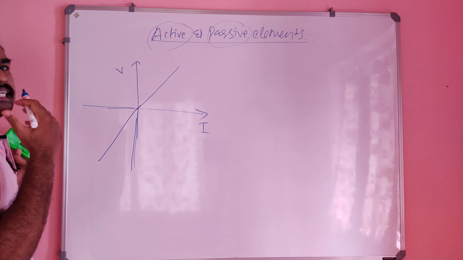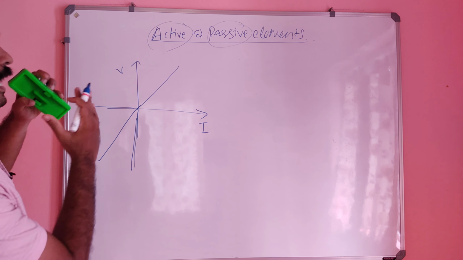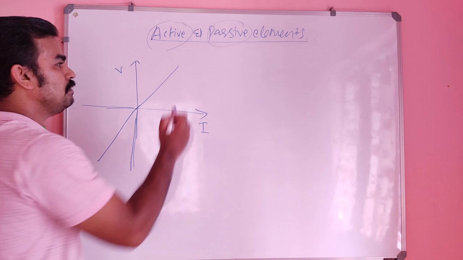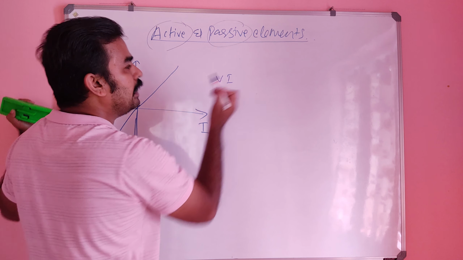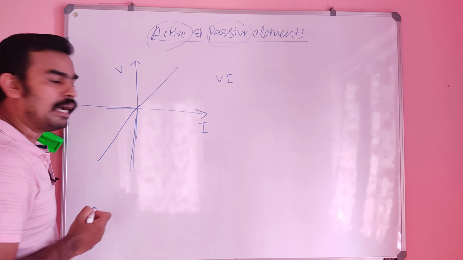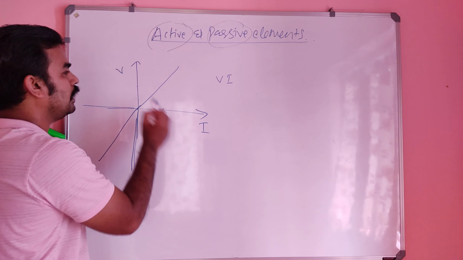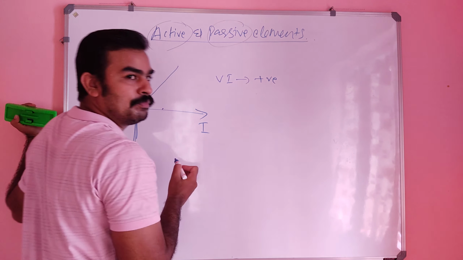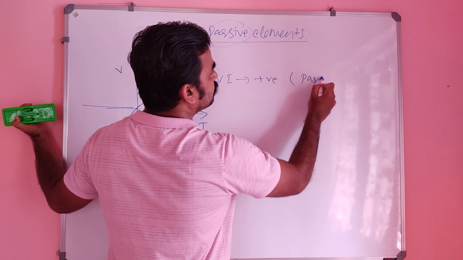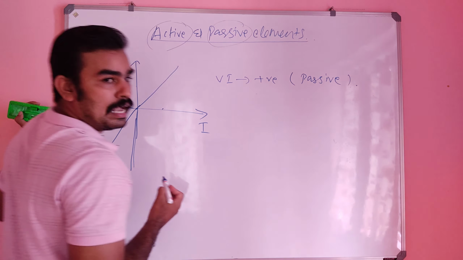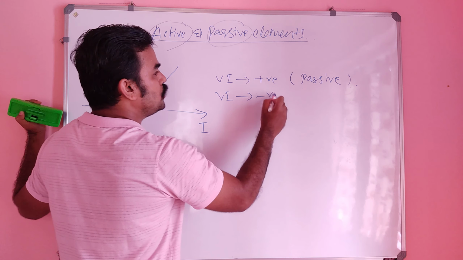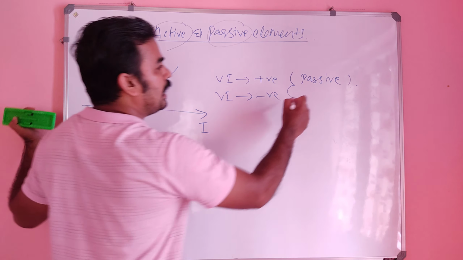So how can we say that this is either an active or passive element? For checking that, we simply multiply V into I, that is, the voltage and current values. Suppose it is positive, then it is passive. And suppose the product of V into I is negative, then it is active.